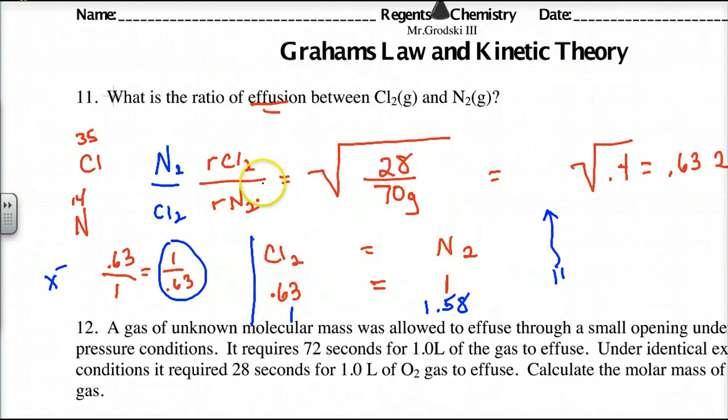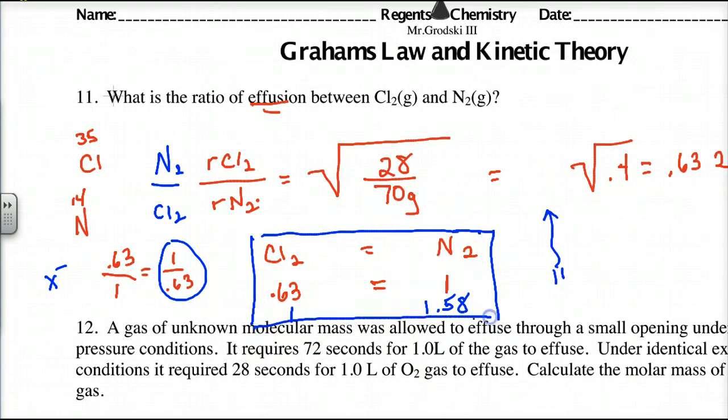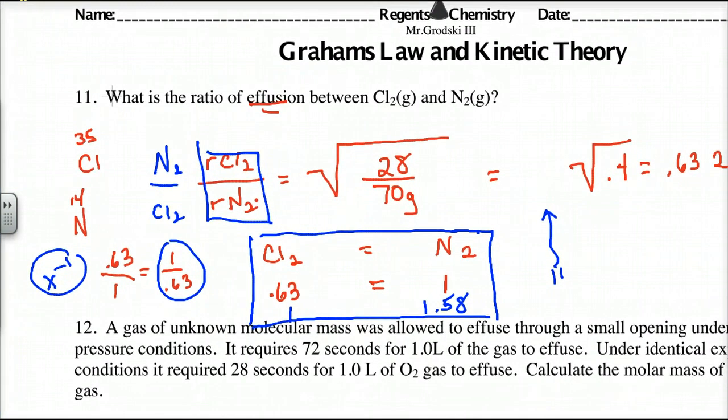Chlorine, because it's heavier, escapes or effuses or diffuses 0.63 times that of nitrogen, or nitrogen escapes 1.58 times faster because it's lighter. Okay, and they both mean the same thing. The x to the negative 1 key, if you don't like the smaller than 1 number. This is a ratio. How fast? Based on kinetic energy.